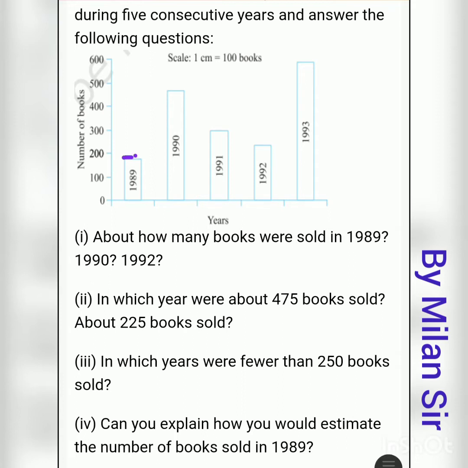It is somehow less than 200. If we had the proper graph, we could give the proper answer, but here we just give an estimated answer. So for 1989, it is less than 200 and in between 100 and 200. So approximately we give the number 180. So 180 books were sold in 1989.